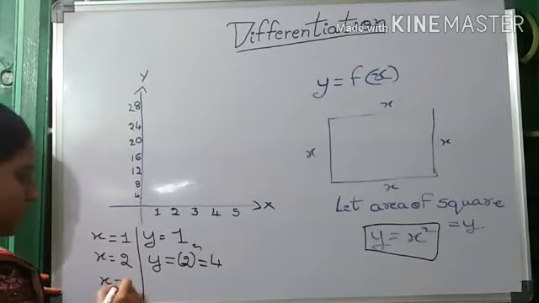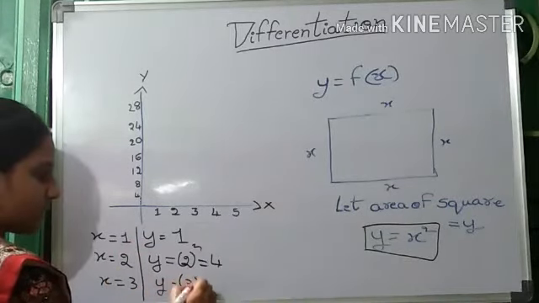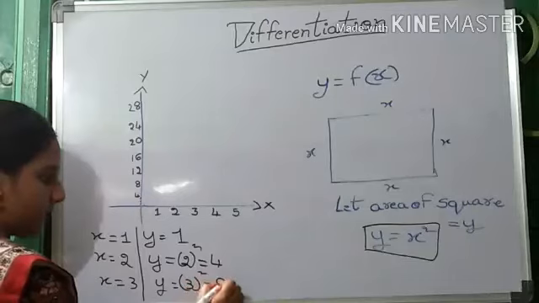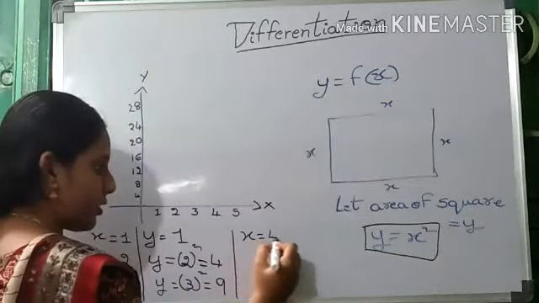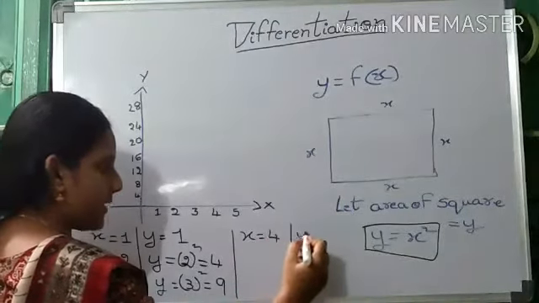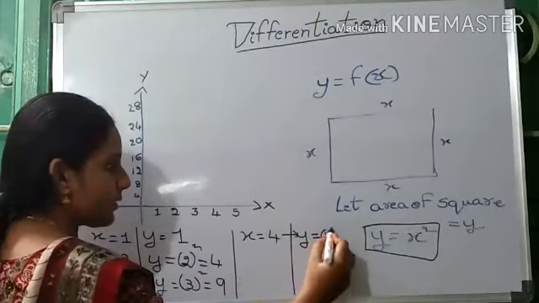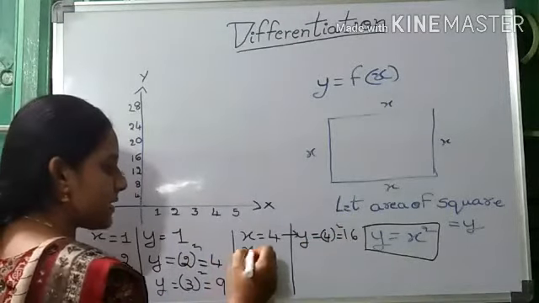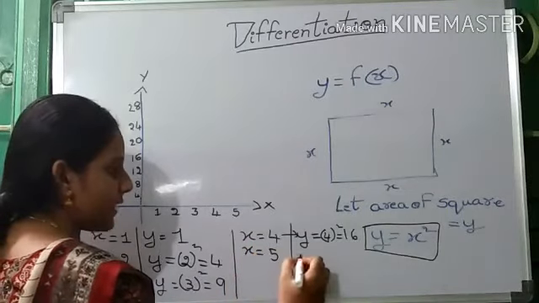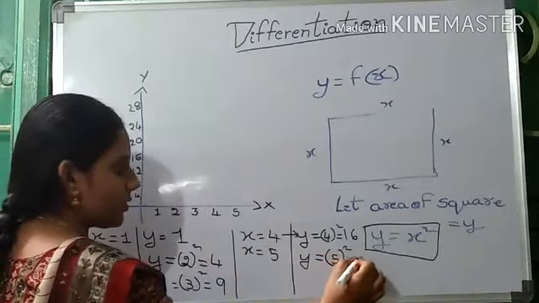If x is equal to 3, y is equal to 3 square, that is 9. And if x is equal to 4, y is equal to 4 square, that is 16. And if x is equal to 5, y is equal to 5 square, that is 25.